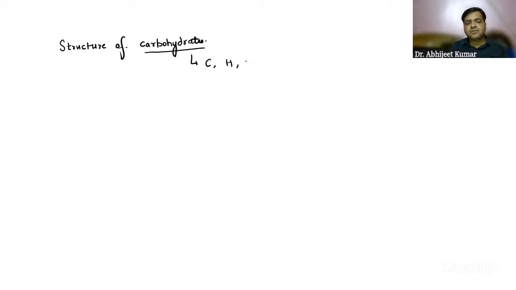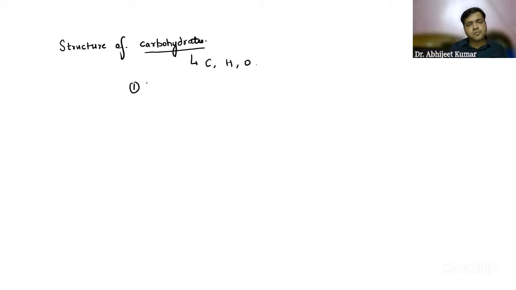Now, if we talk about the structure of carbohydrates, you already know the carbohydrates are mainly composed of carbon, hydrogen, and oxygen. We have various structures of carbohydrates.